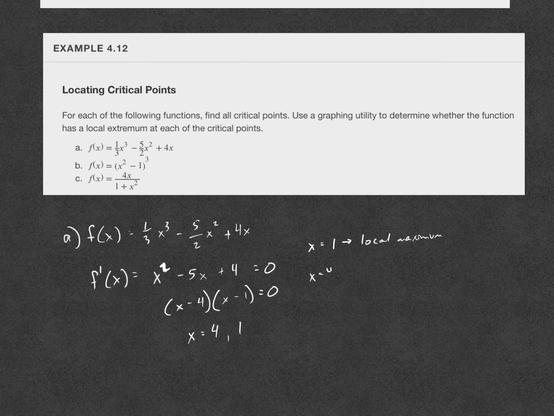And x equals 4, that is a local minimum. We'll have some more techniques later on in a later section where we find local max and local min in a more technical way. All right, so that is it for a.